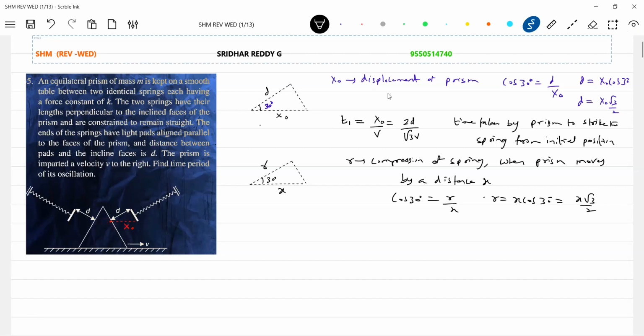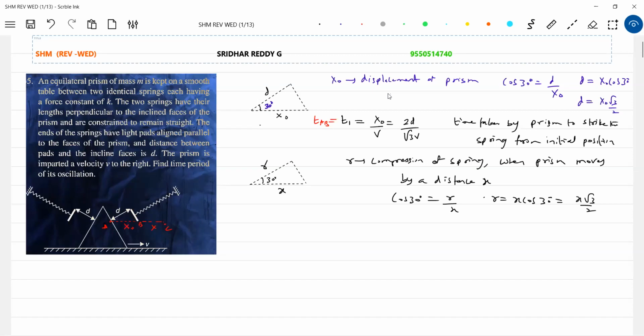We will give the names like this. I can't draw so many diagrams. I'm trying to explain everything in the given question only. Time taken by the prism to move from A to B.